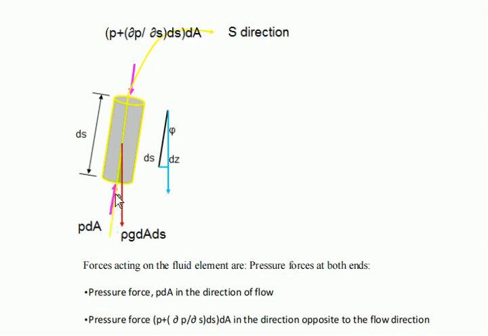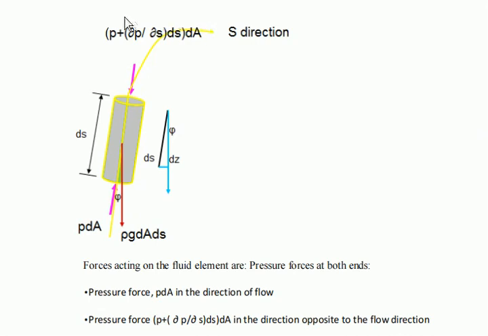This is one end and this is the other end. The first pressure force is P dA in the direction of flow, the streamline flow direction. The other pressure force is P plus dP by dS into ds, into dA, in the direction opposite to the flow direction.